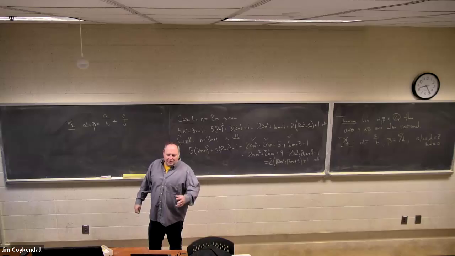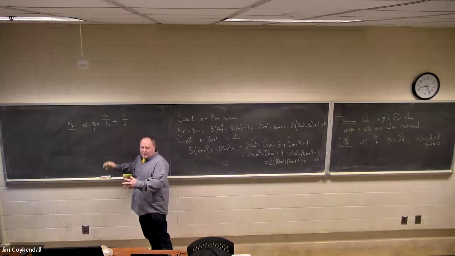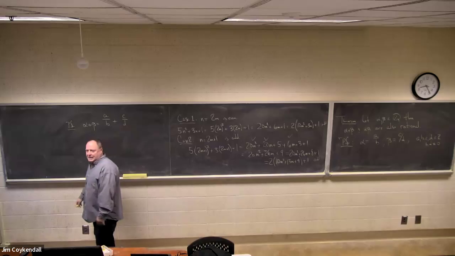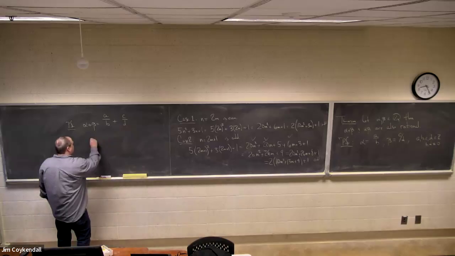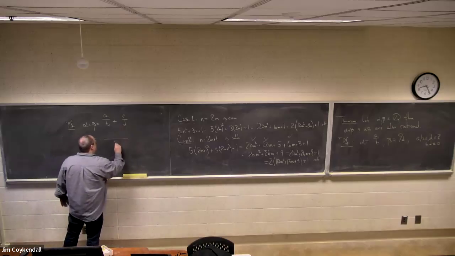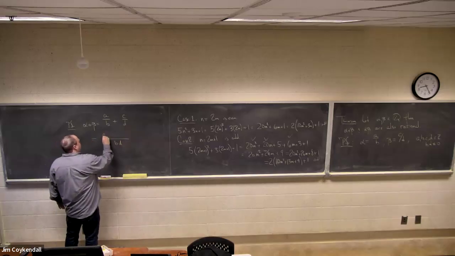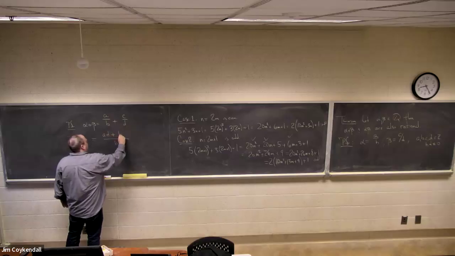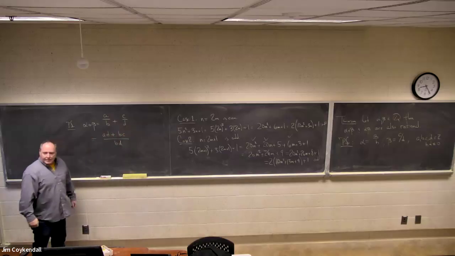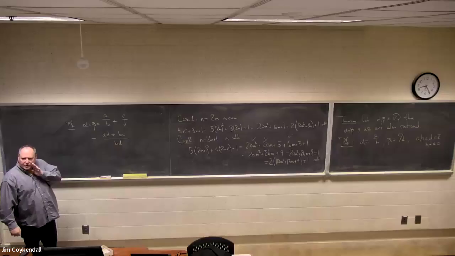You probably learned this in grade school. You can get the least common multiple, but let's not just do that because I am a lazy man. I can certainly do this, and then what? AD plus BC. I don't claim that's reduced, but I don't care. I didn't ask for this to be reduced.